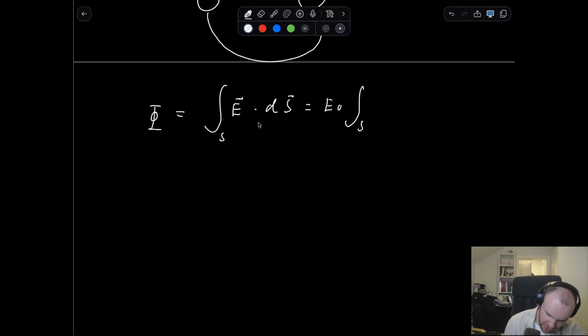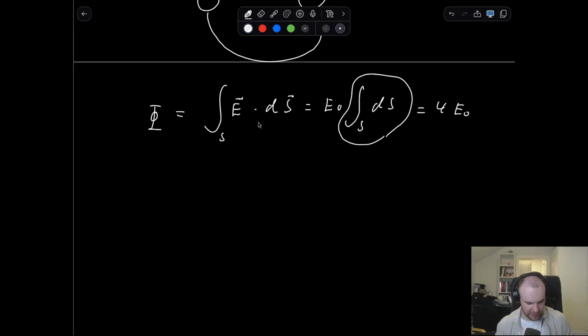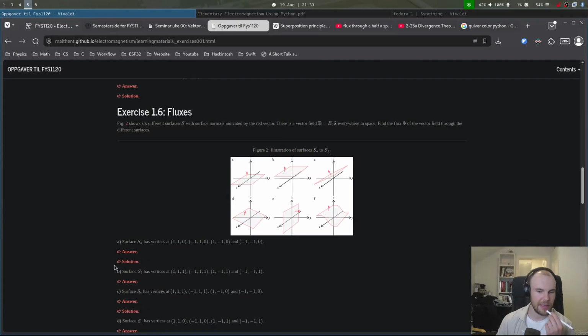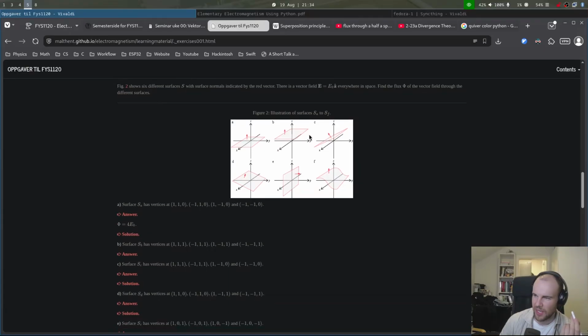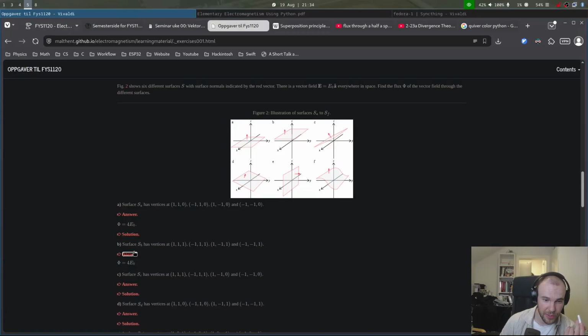Then we just have the surface integral, and then dS without the vector. So this is just the area, so the whole thing is just 4 times E0. That should be correct. And if you just move this guy up, it's still the same, right? So it's just 4 times E0, right?